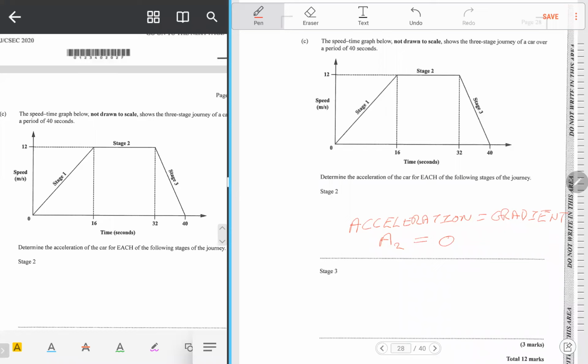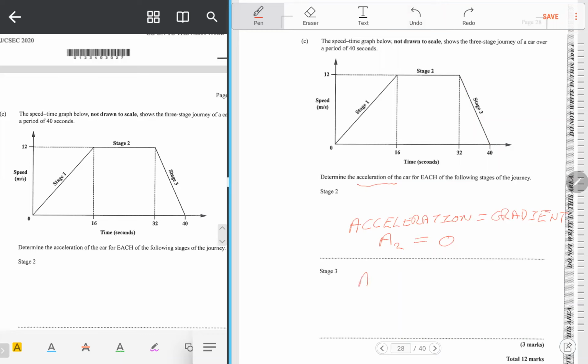For stage 3, now this one is kind of tricky because it asks us for acceleration. But here we really have a deceleration. So we have to put the negative. If the question asks for the deceleration, you wouldn't put the negative, because deceleration already means that the speed is coming down. But they ask us for the acceleration in stage 3. So again, acceleration equals gradient.